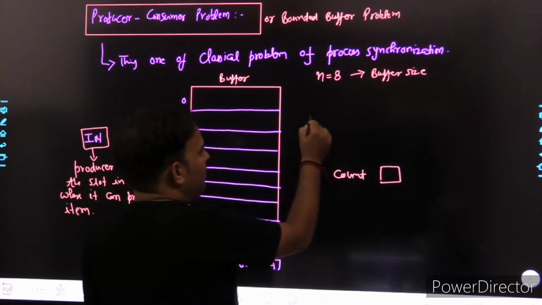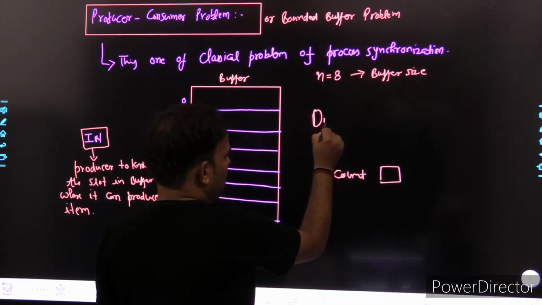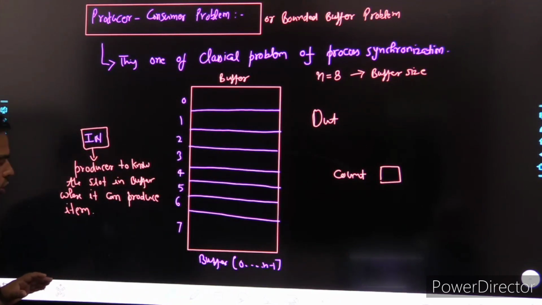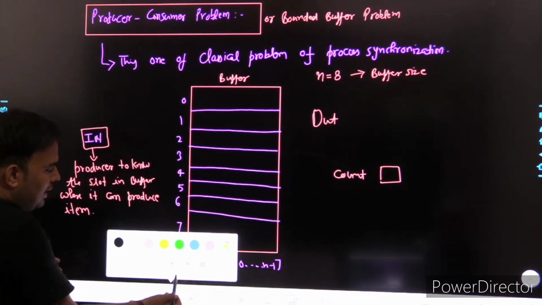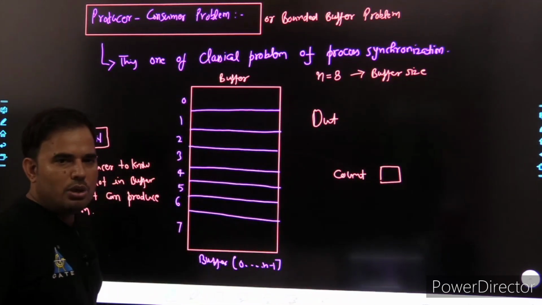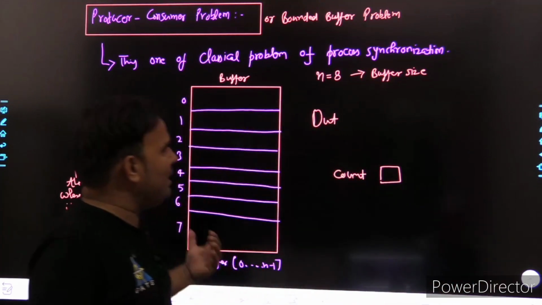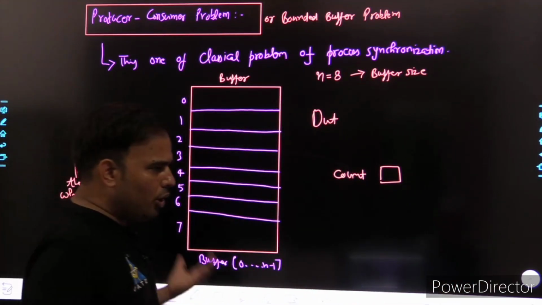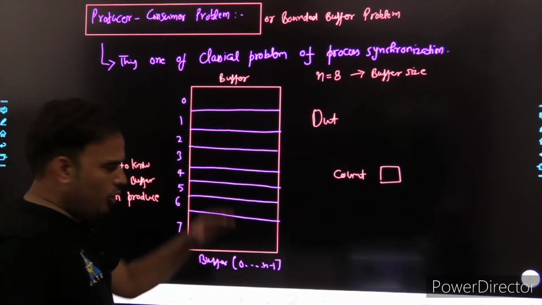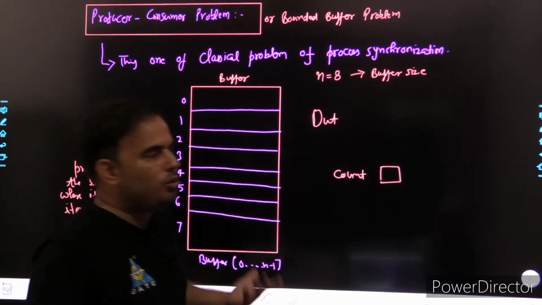And there is one more variable, that is out. The out variable is used by the consumer to know the slot in the buffer from which it can consume the item.